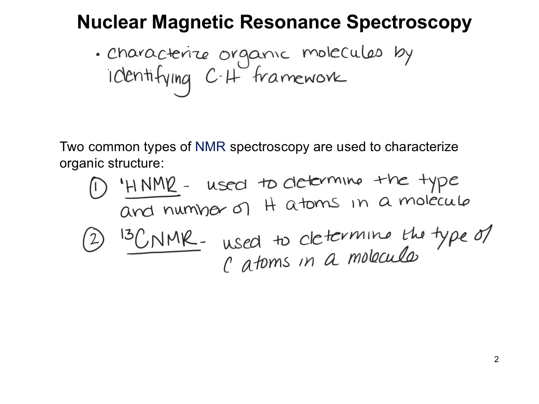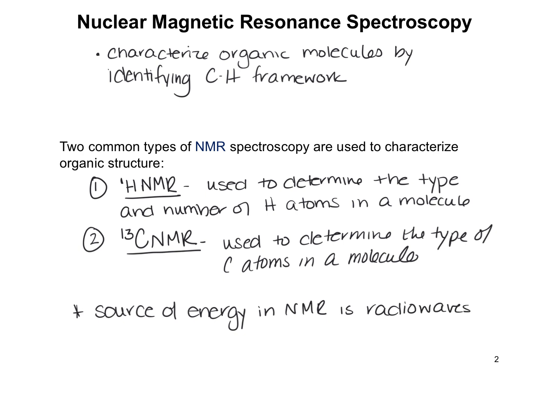So the source of energy in NMR is radio waves, which a lot of times is going to be abbreviated in your book as RF radiation.